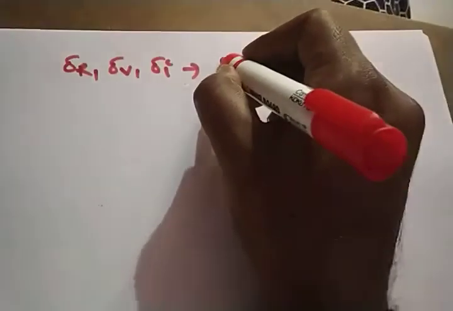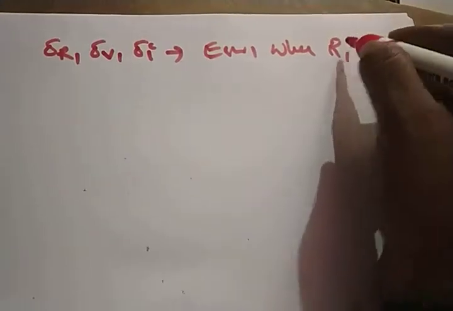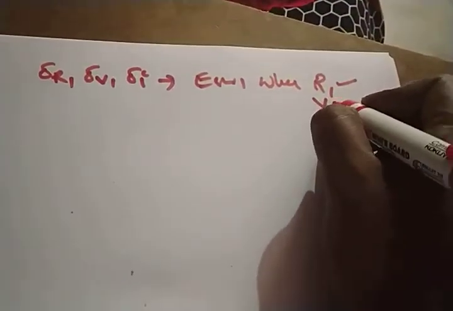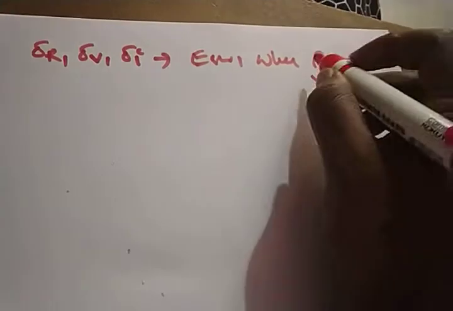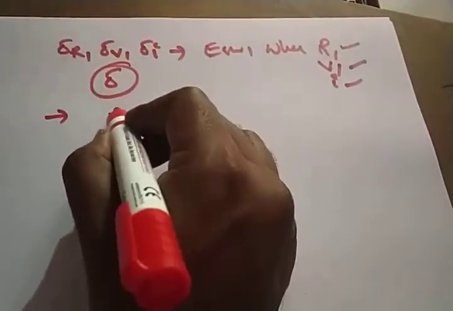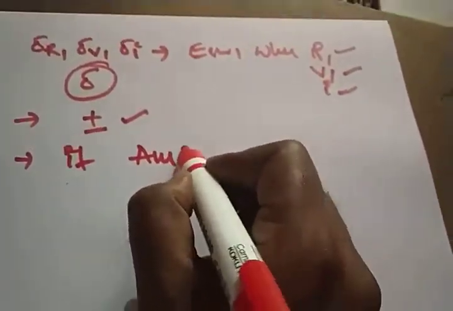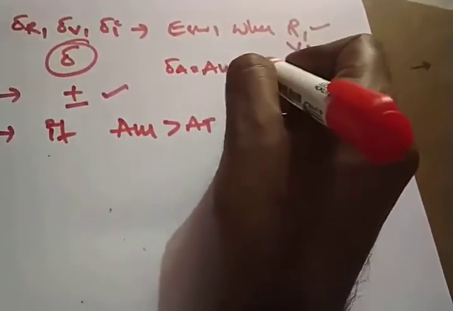If you have delta R, delta V, delta I, these are errors when finding the quantity of resistance, voltage, and current. The absolute error is denoted by delta, and these errors may be plus or minus. Suppose AM is greater than AT, then delta A is equal to AM minus AT.